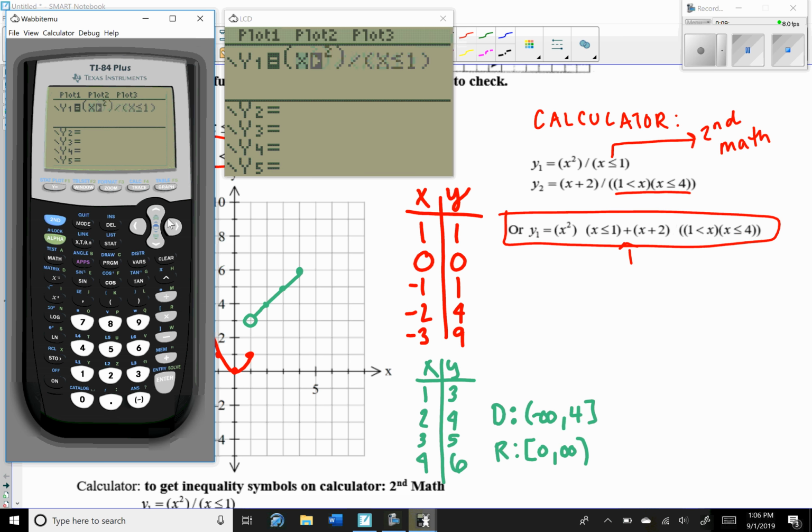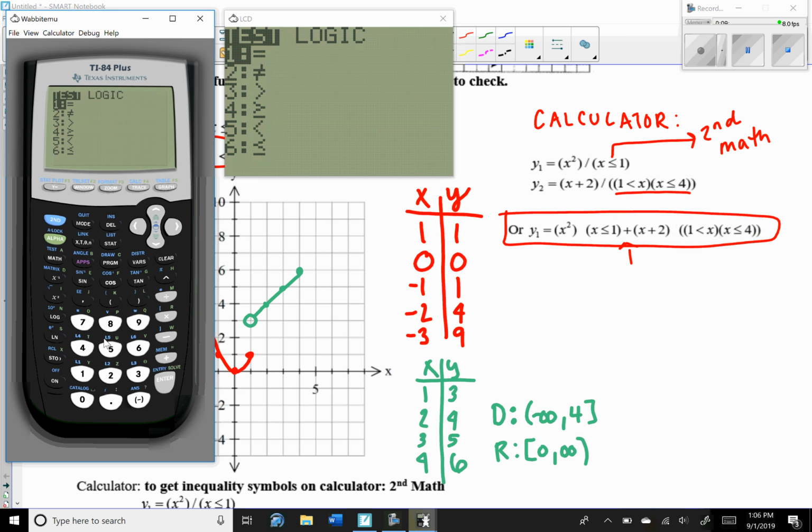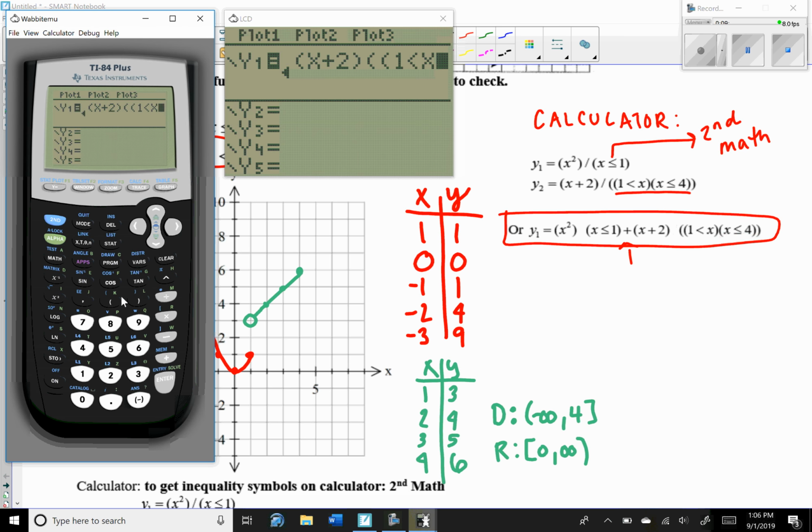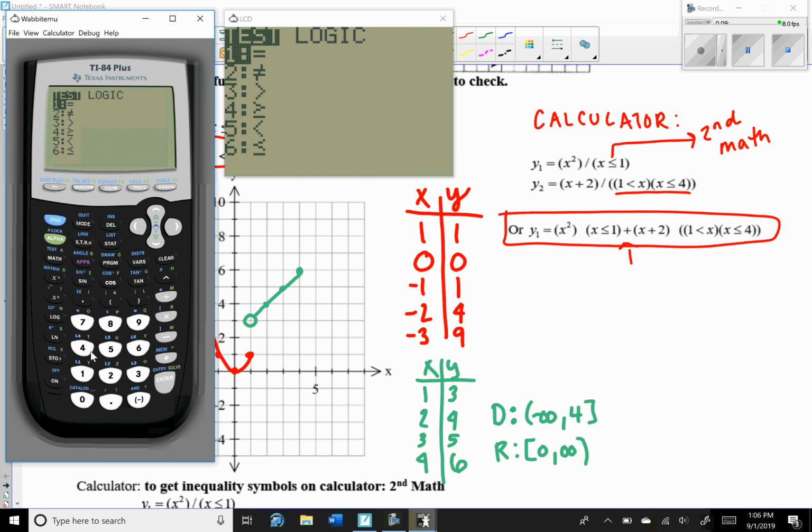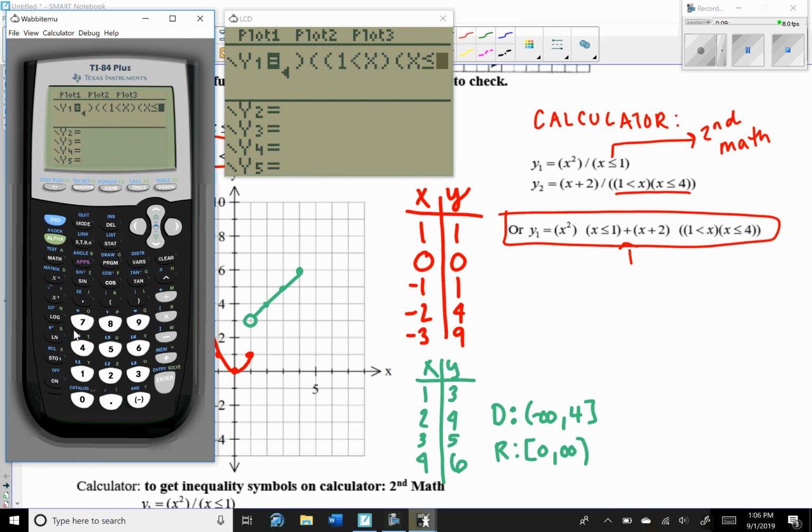Go up here and delete this division symbol. Do the plus sign, and then parentheses, my linear function, which is x plus 2, close parentheses, and then parenthesis, because now we're going to do the restrictions, which is from 1 to 4, so second math, number 5, x, close parenthesis, and then x, second math, number 6, so that's less than or equal to 4.